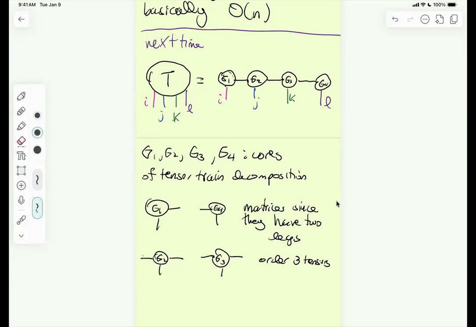What I'm saying, which I'll show you next time, is that if you give particular values to I, J, and K, like imagine memory storage, if you're calling the entry 1111, so you set I to 1, J to 1, K to 1, and L to 1, then there's only one free leg here, which would be like a vector.